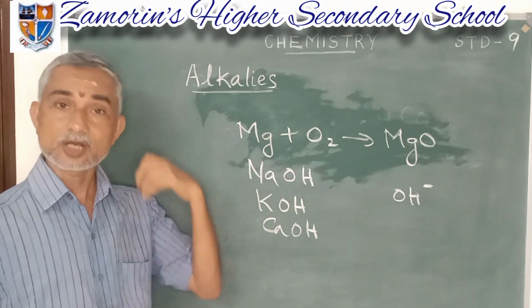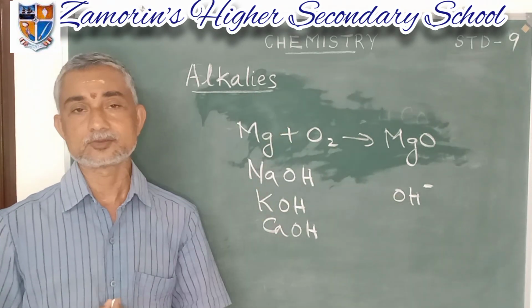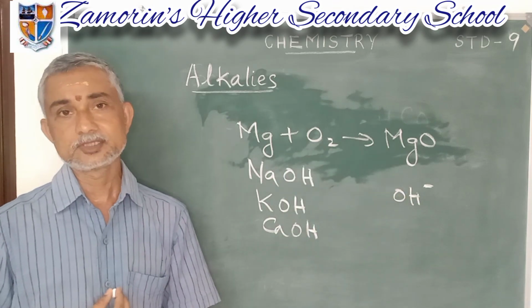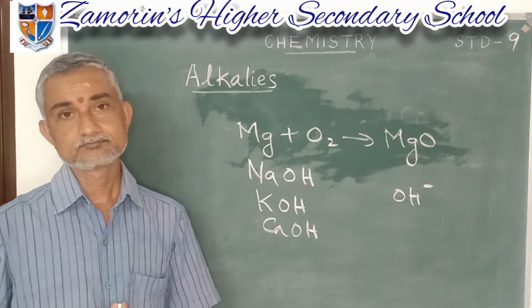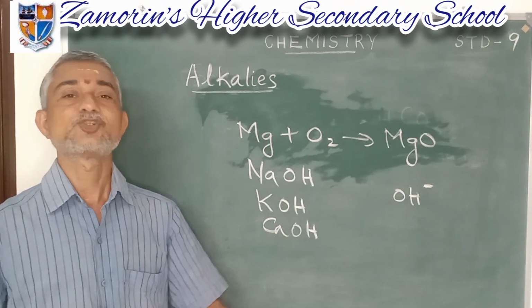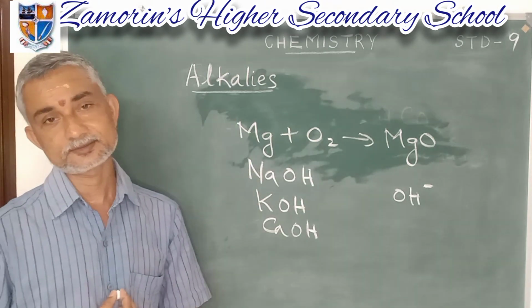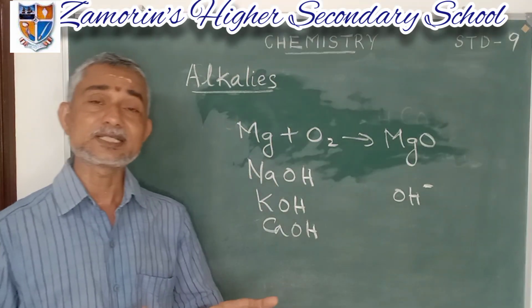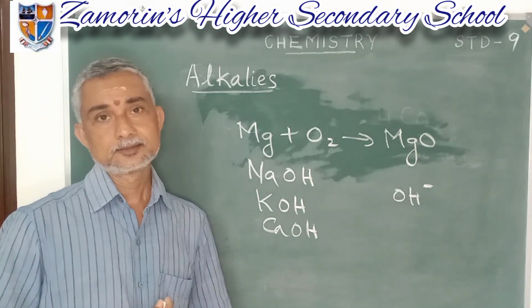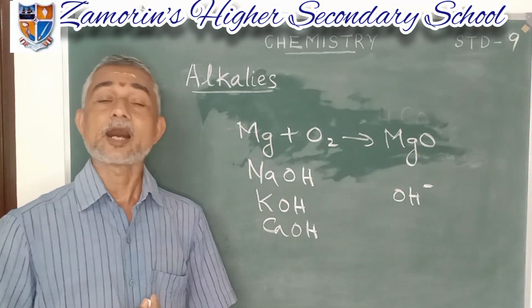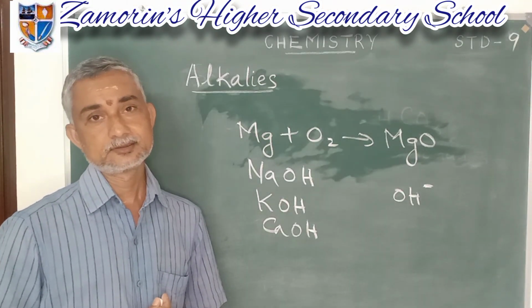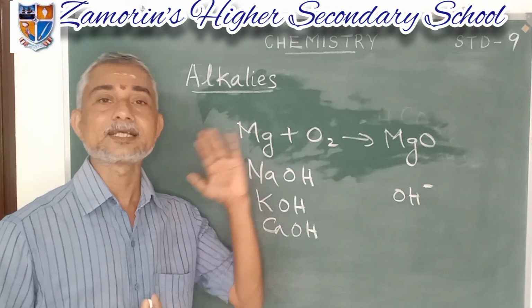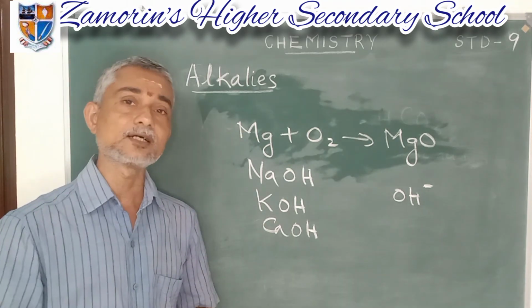How many hydroxide ions are dissolved in water determines the basic nature of the solution. The substances which increase the hydroxide ion in a solution are called alkalis.